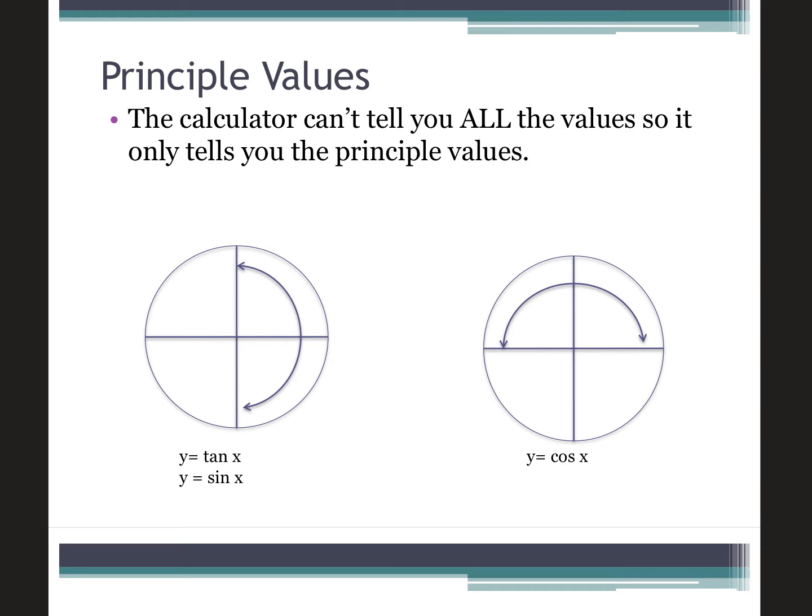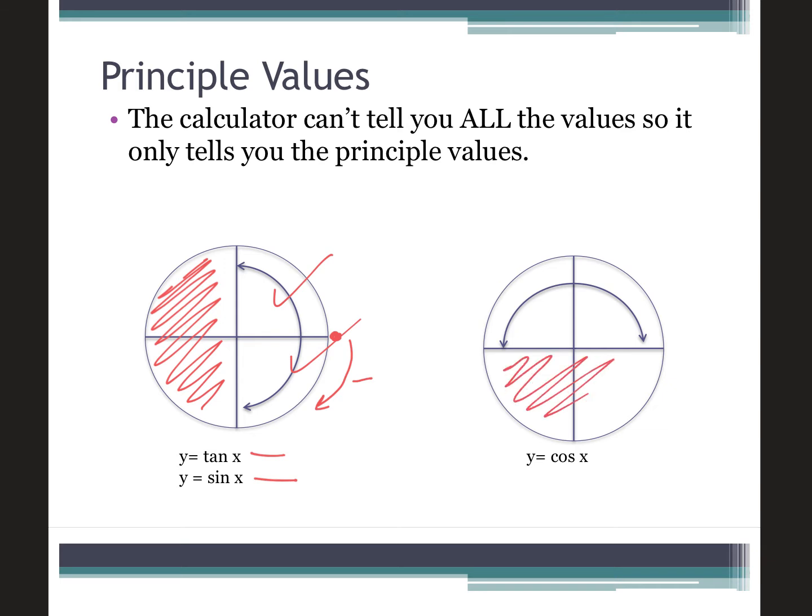So for tangent and sine, and you're going to probably want to write this down or print this out, you can only be in these two quadrants, and you're not allowed to go through these two quadrants, which means if you have an answer that you expect to be in the fourth quadrant, you have to start here and go this way. It'll be a negative angle answer. And then cosine is only in quadrants 1 and 2. You will never be going through quadrants 3 and 4.